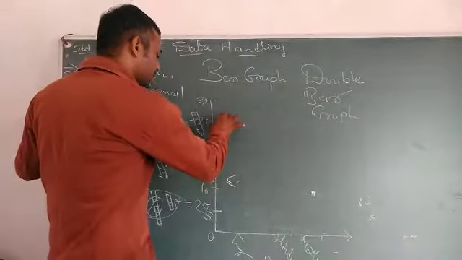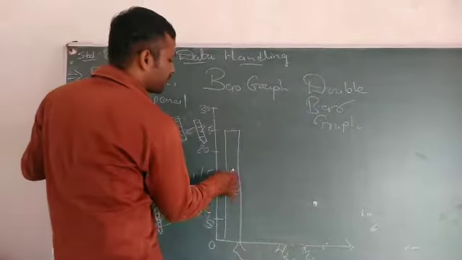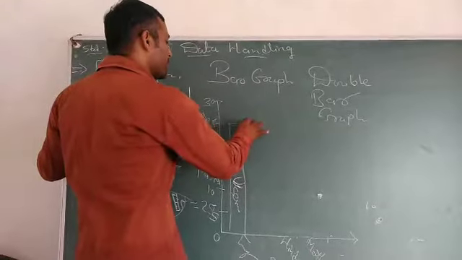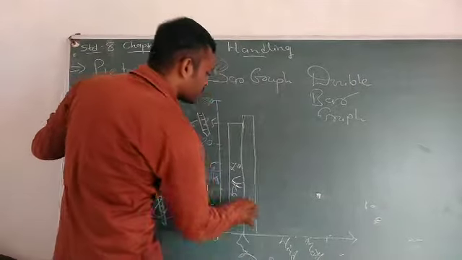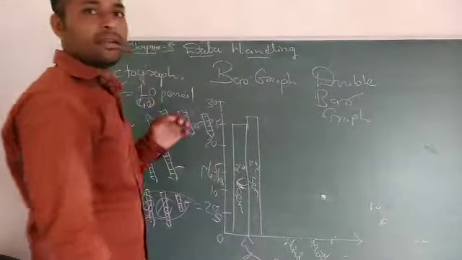Suppose in English there will be 25 marks and this is your first sem, and in second sem there will be 28 marks, so this is your second semester in English.